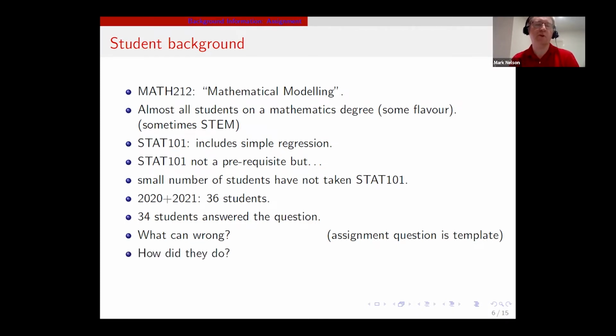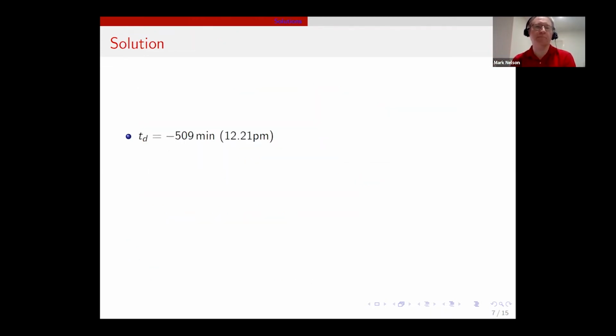Well, let me first ask the question, how did students do on this question? Perhaps a bit of a spoiler alert, but I did change a few things in the subject in 2021 as a consequence of what happened on this exam question in 2020. If you do the linear regression correctly, you can find the time of death and you can estimate the uncertainty in the time of death.